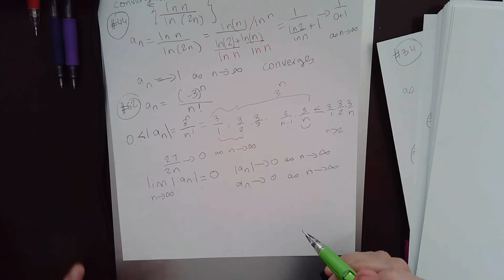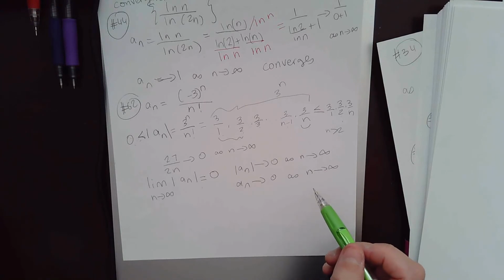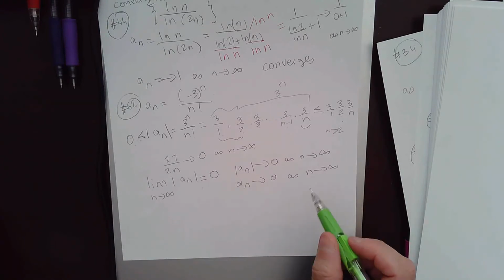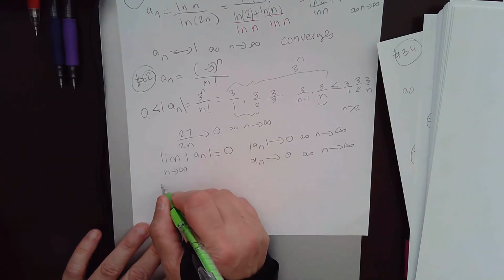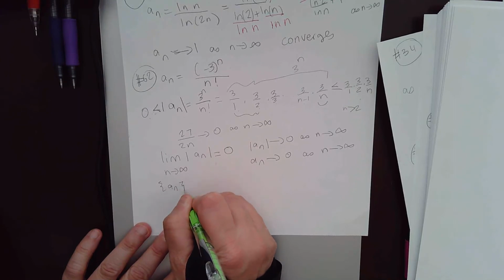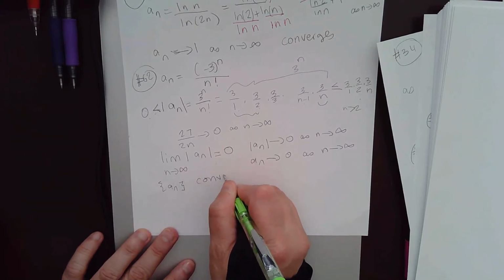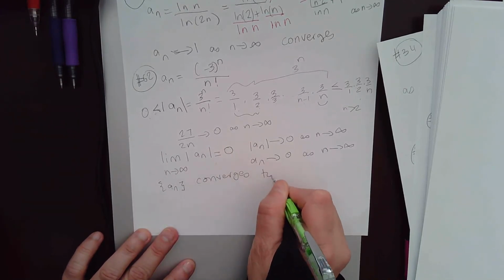So we use the Squeeze Theorem and theorem number 6: if the limit of the absolute value of an equals 0, then the limit of an equals 0. So what does that give us now? The sequence an converges to what value? Converges to 0.